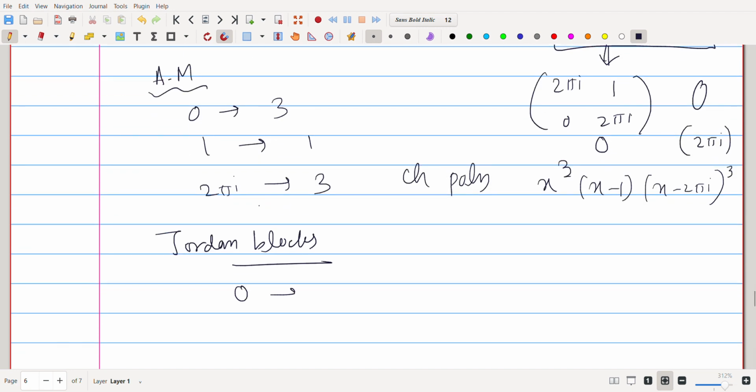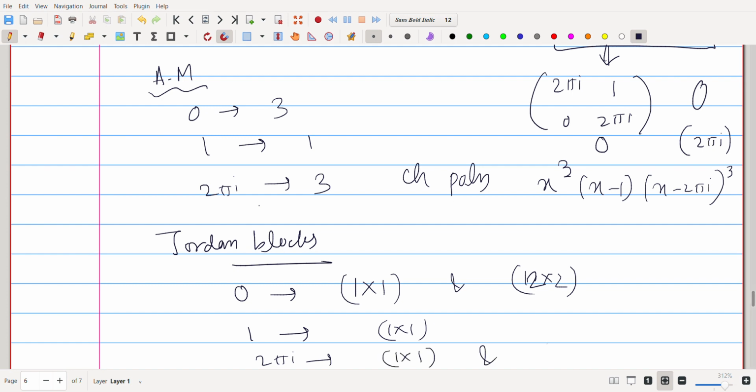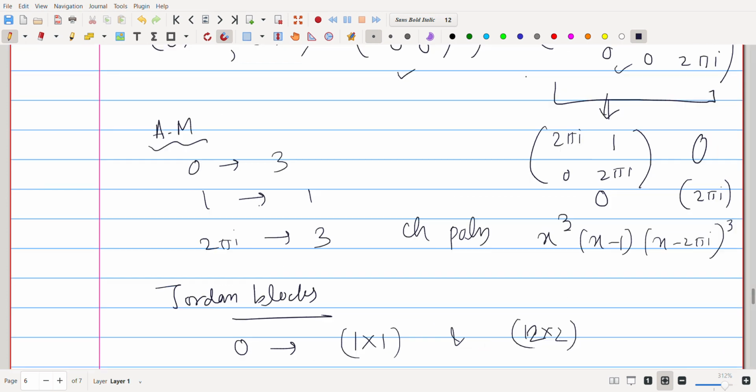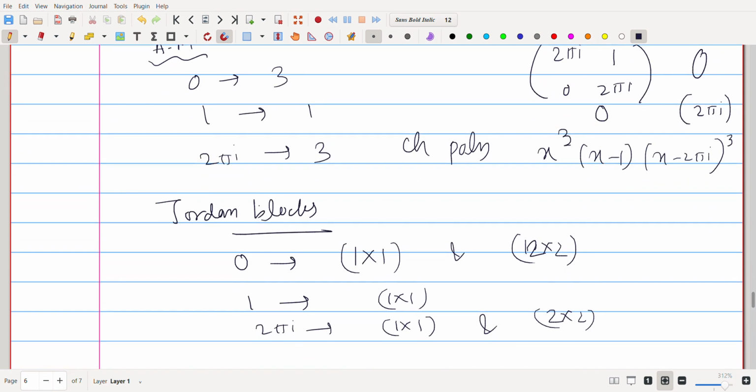For 0, a 1 by 1 block and a 2 by 2 block. For 1, a 1 by 1 block. For 2 pi i, a 1 by 1 block and a 2 by 2 block. Right? And all the blocks occur exactly one time.